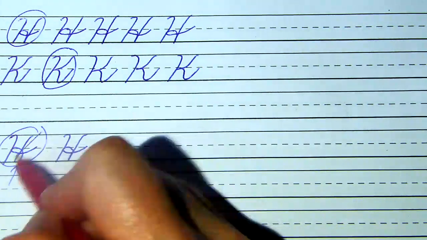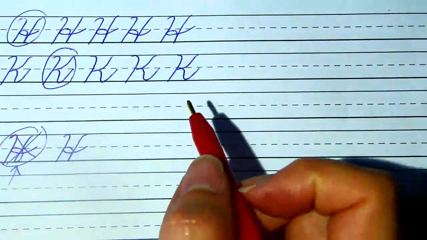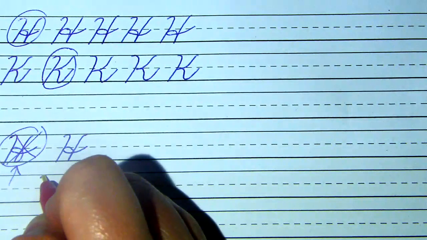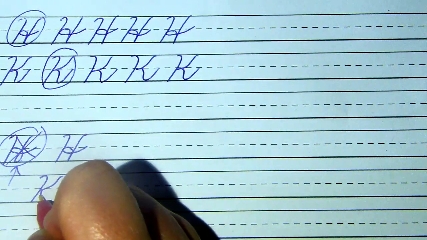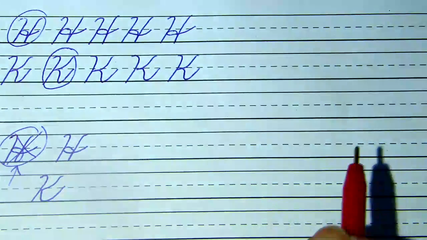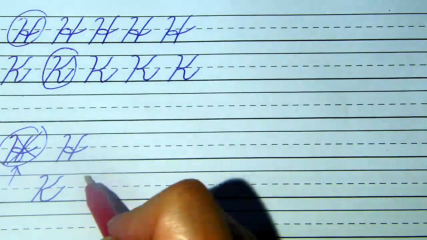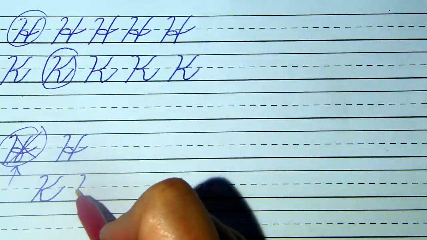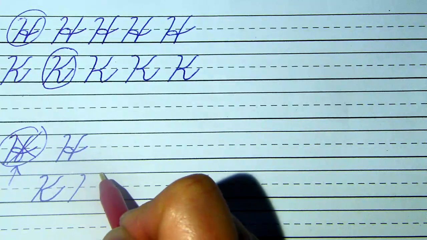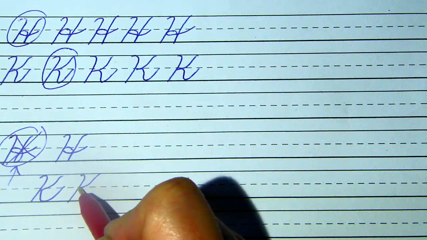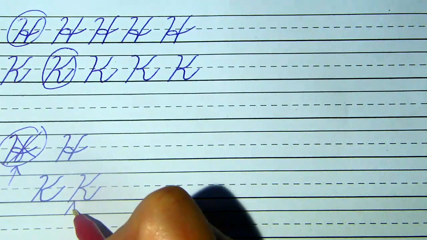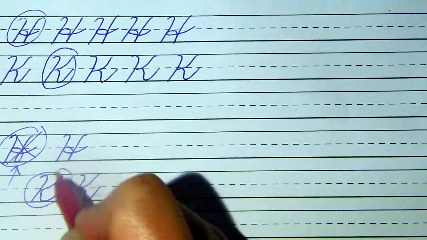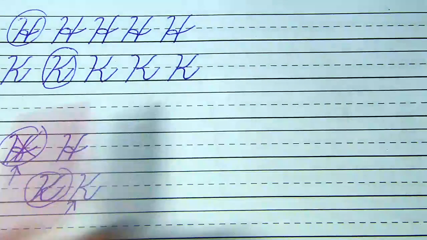So watch out for this no-no. And the biggest K mistake that I see is this one. Curve forward, pull back, curve in, and then undercurve. Instead, I'd like you to try curve forward, pull back, watch Mrs. D, curve into the midline, out, and then undercurve. You see the difference here? Be careful of that too.